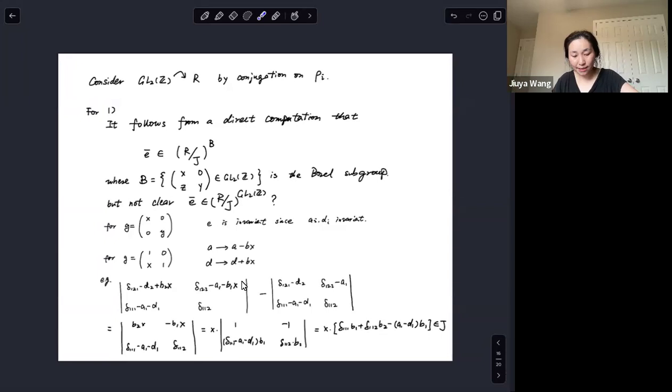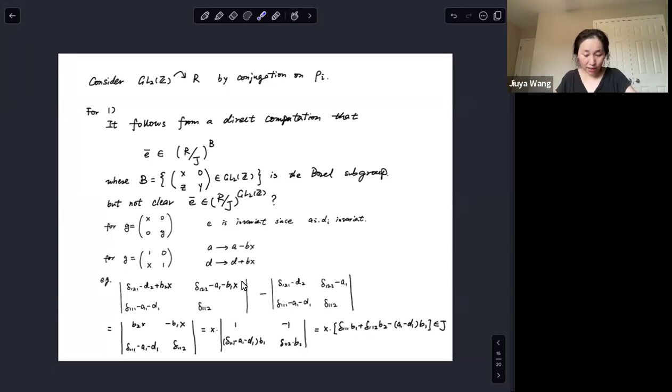For the first task, we can actually show via direct computation that E bar is invariant under a Borel subgroup. So it suffices to look at these two actions, and via some computation, we can see that this E bar is invariant under the B action. But it is not clear that E bar is invariant under the action of GL2Z.